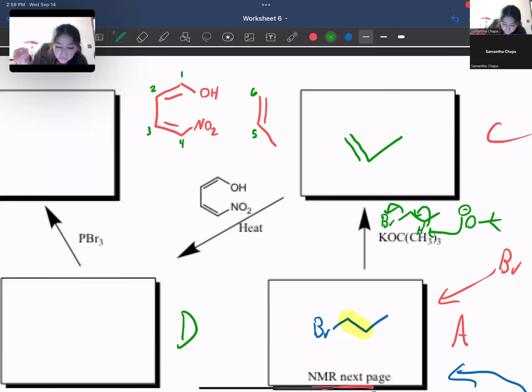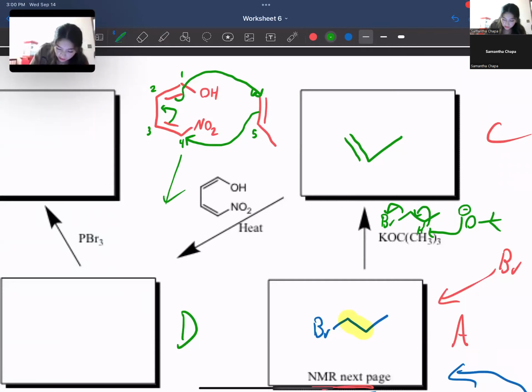So I'm going to do carbon 1, checking carbon 6. Oh, I'm sorry. I have to draw it from the double bond. The double bond is breaking and forming a bond to carbon 6. Here, the double bond is breaking and forming a bond to carbon 4. The double bond between 3 and 4 is going to resonate between 2 and 3.